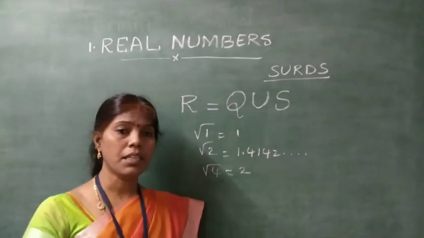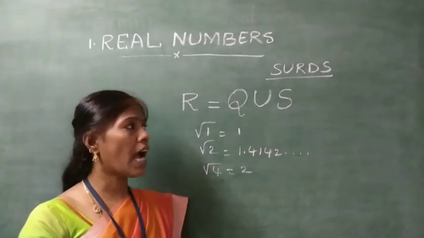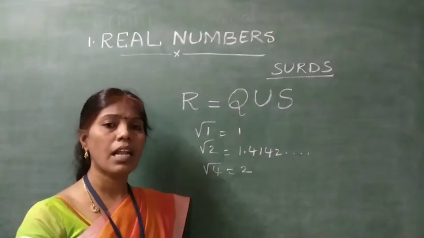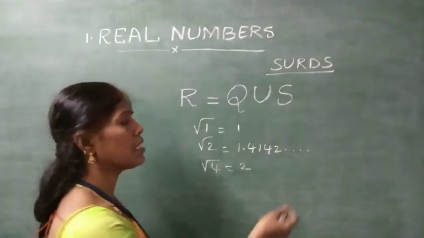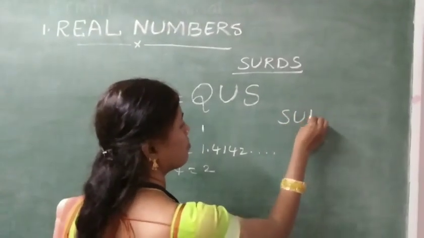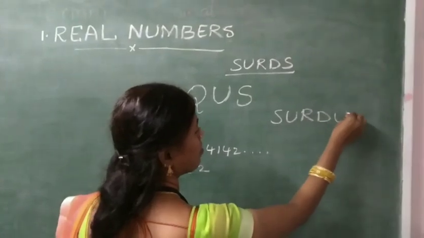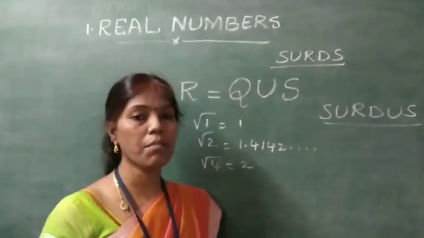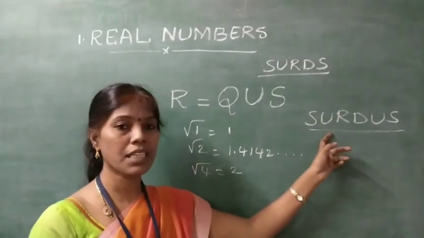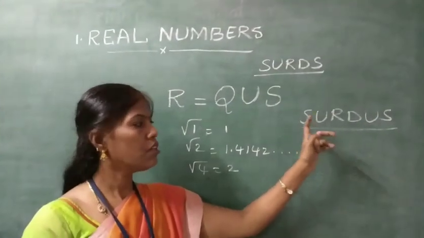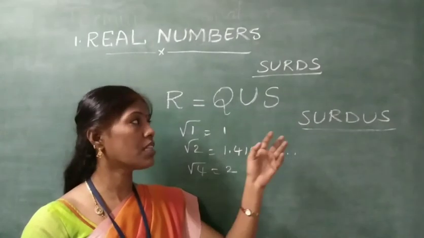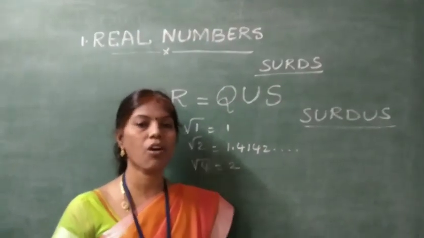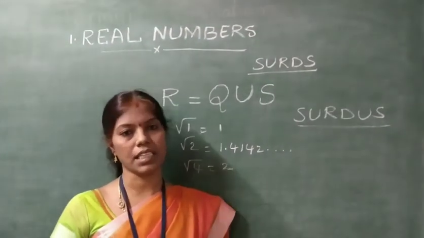Later on, it was translated into the Latin name surdus, which means irrational numbers. Surdus means mute or deaf. In that way we got the name surds into existence.